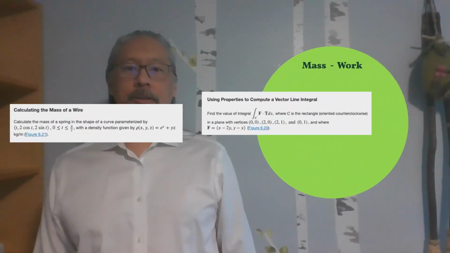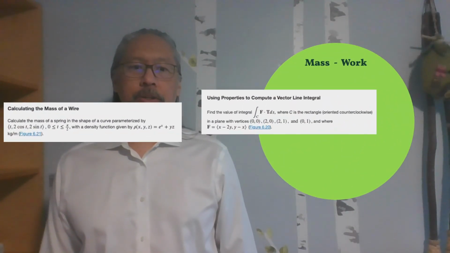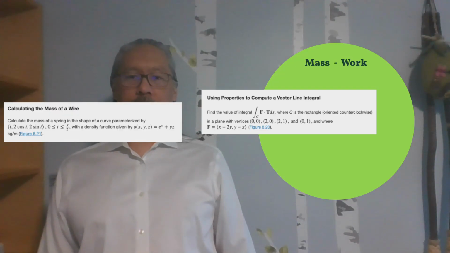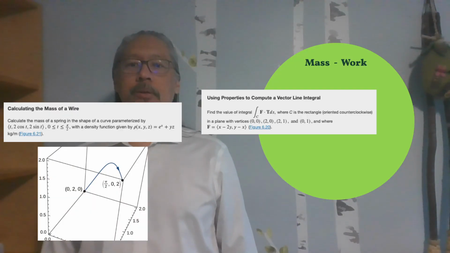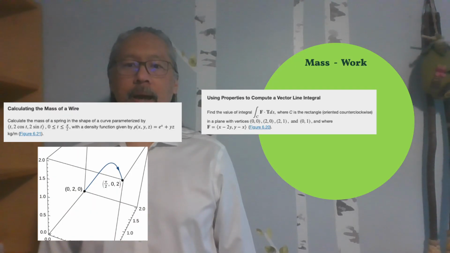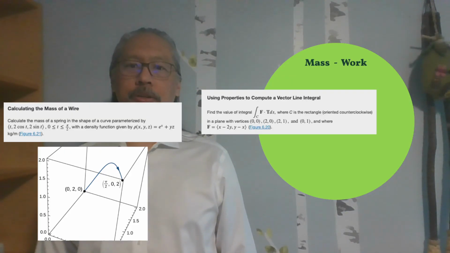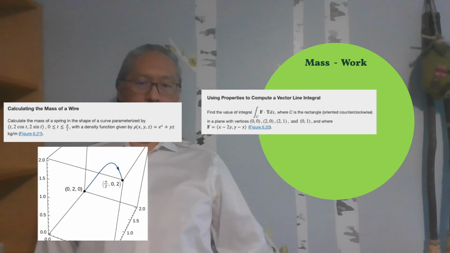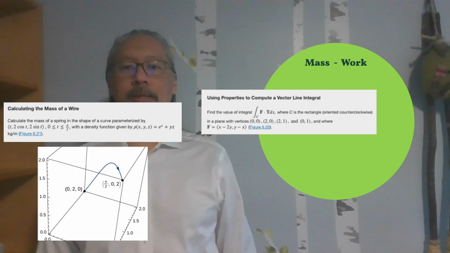Speaking of applications, the one we were just mentioning was finding the area of a fence, but in a path integral we can also take a look at the mass of a one-dimensional object through a two-dimensional plane or a three-dimensional space.